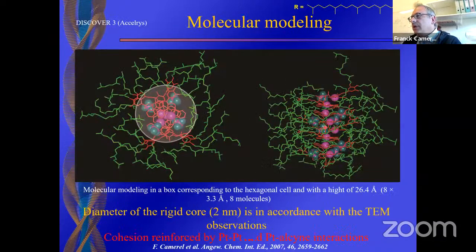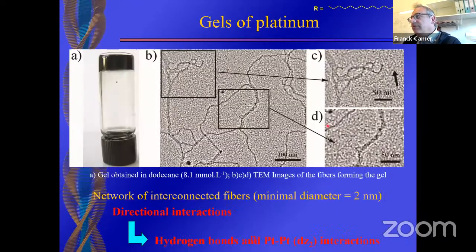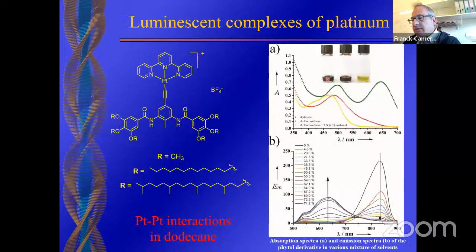This is a model which has been constructed by molecular dynamics. You can see that in fact you have fibers stabilized by hydrogen bondings, but also by platinum-platinum and platinum-alkene interaction, which are revealed also by the color of the gels.